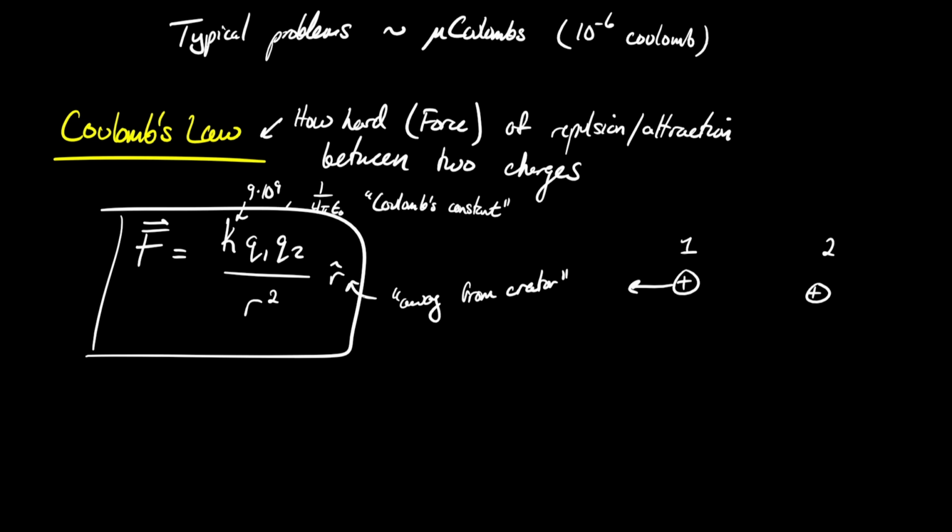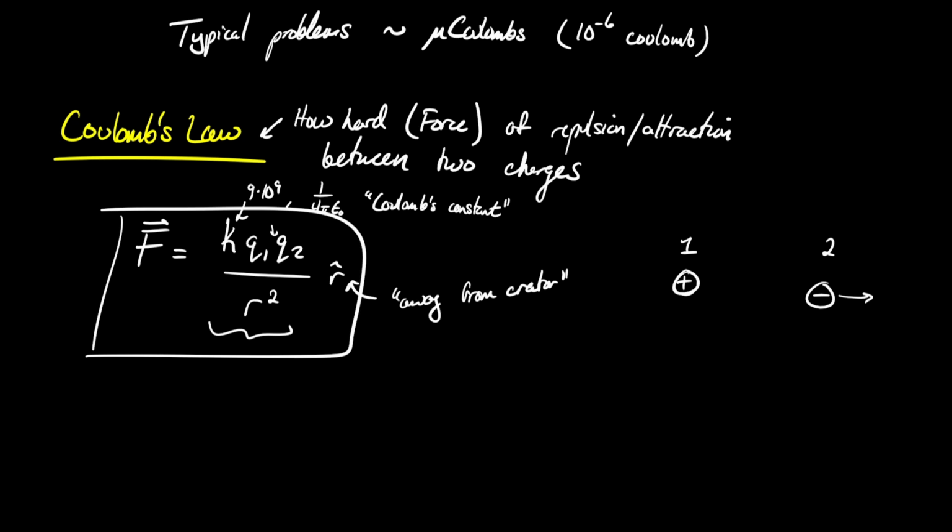Now, automatically, if one of the charges is negative, then it tells you the force. Let's pretend we're looking at the force felt by charge 2, and let's make charge 2 negative. Well, r hat away from the creator of 1 still points this way, but when you compute this number, you'll get like negative 20 newtons.